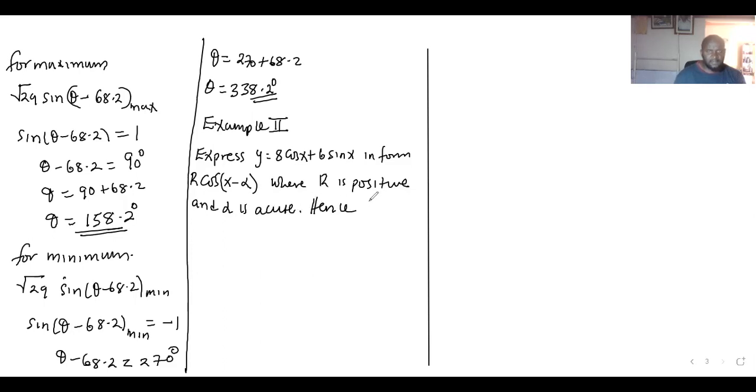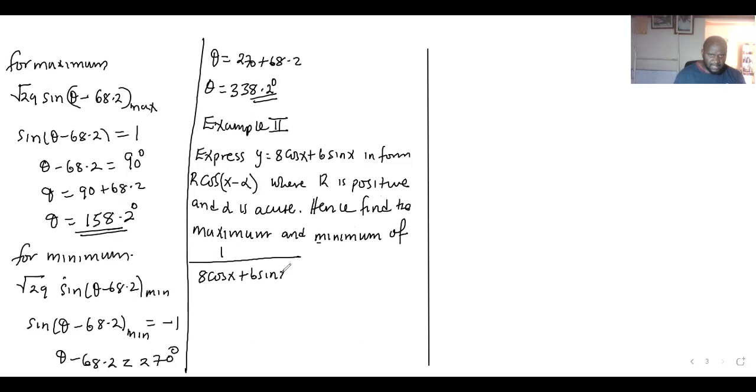Hence, find the maximum and the minimum of 1 out of 8 cos x plus 6 sine x plus 15.